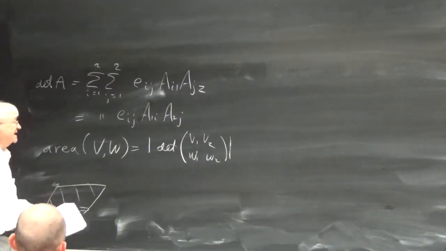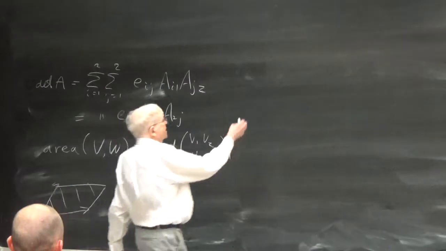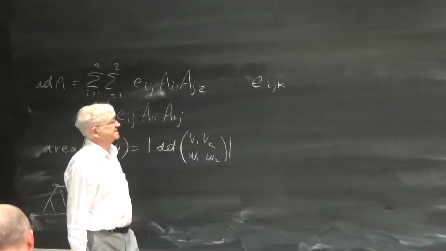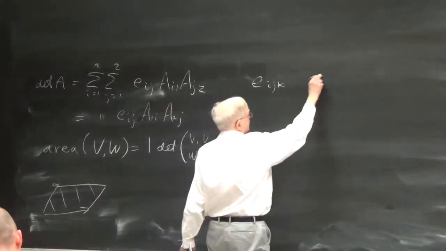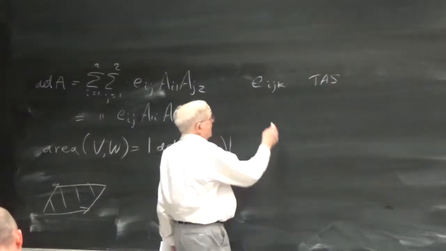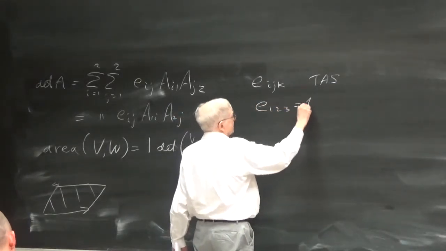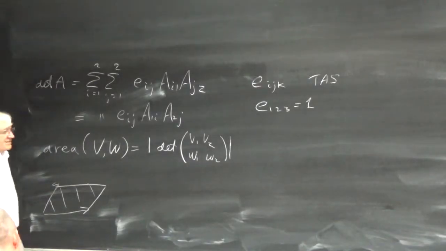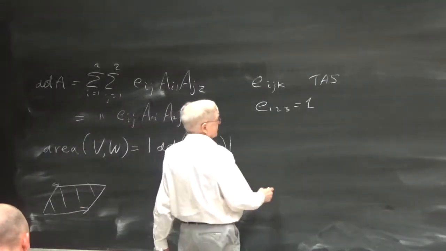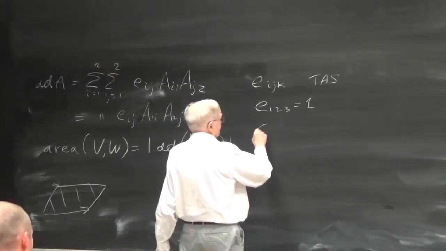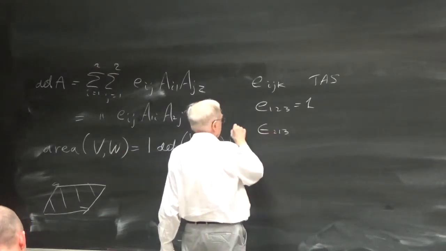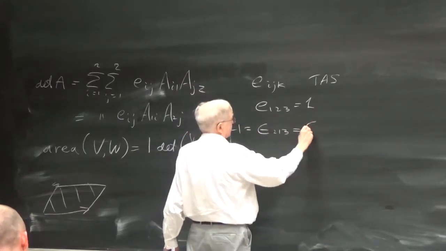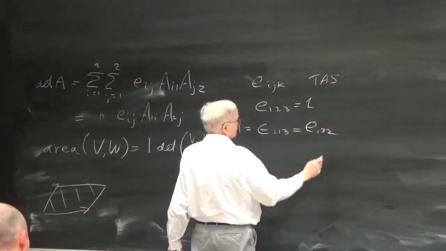So if we go to 3 dimensions, we have this symbol epsilon ijk. Now this one is totally antisymmetric. And epsilon 1,2,3 is equal to 1. And so, because it's totally antisymmetric, epsilon 2,1,3 is minus 1. Epsilon 1,3,2 is minus 1.